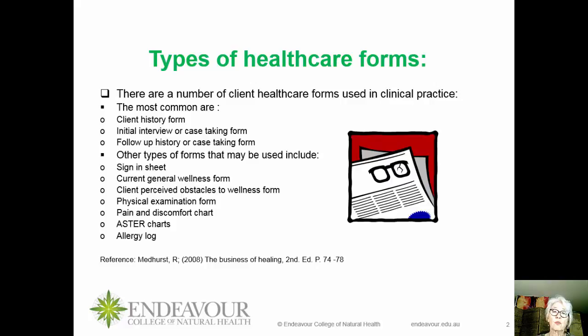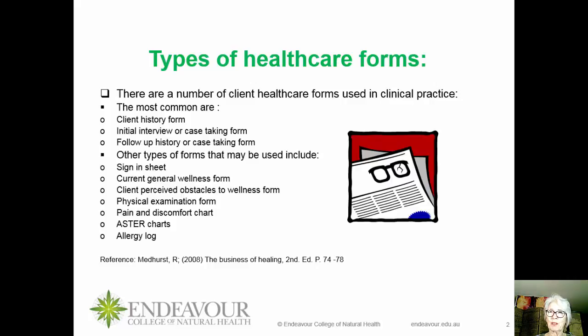Other types of forms that may be used include a sign-in sheet, maybe, a current general wellness form, just to give you an idea of the type of lifestyle that your client might be living. Client perceived obstacles to wellness form.